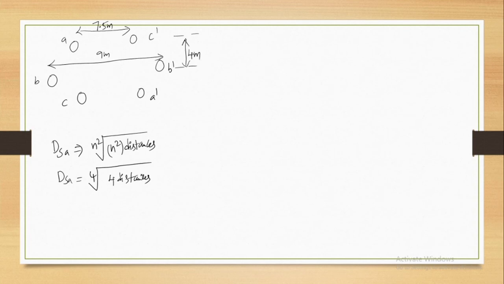What are the 4 distances? It is the fourth root of DA to A, DA to A dash, DA dash to A, DA dash to A dash. Now if you see the problem, the diameter of each conductor is given as 2.532 centimeters.